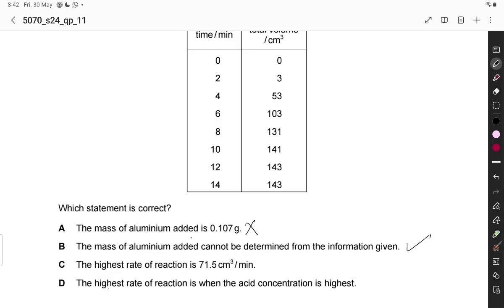Now let's check the other statement. The highest rate of reaction is 71.5.